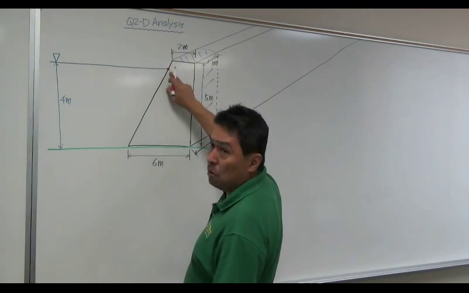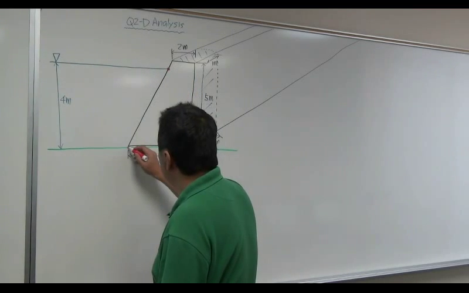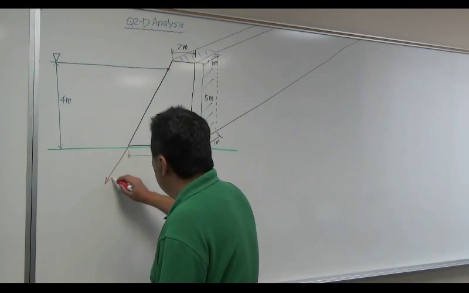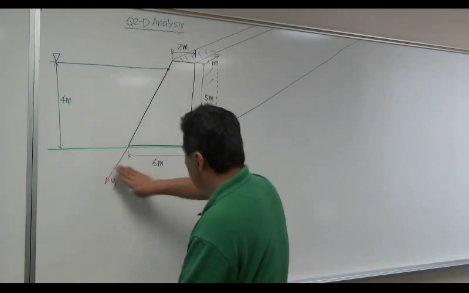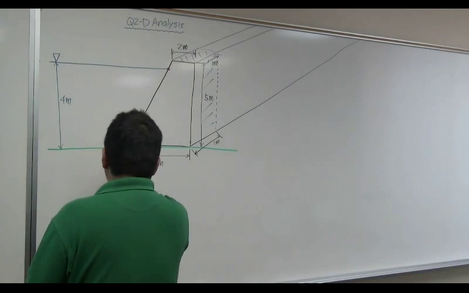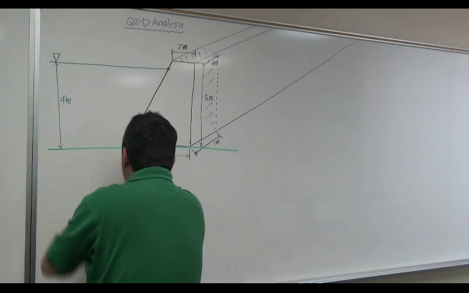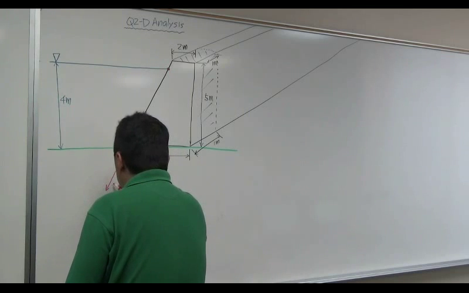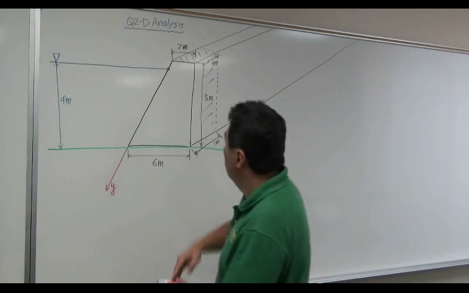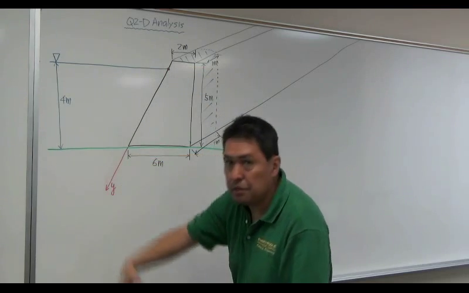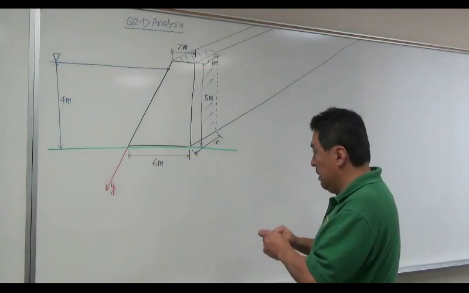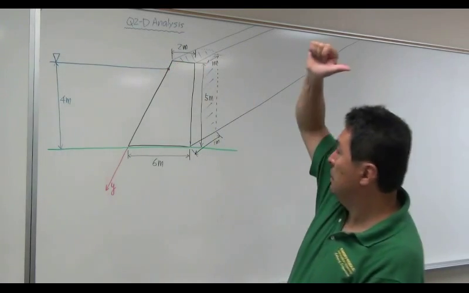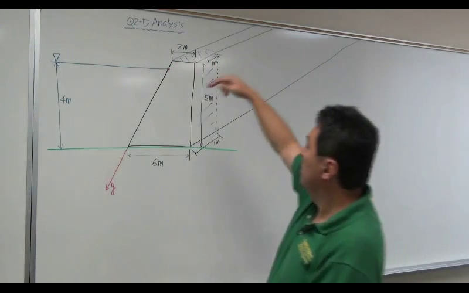So this is the coordinate origin, and then you're going to define the direction of y, which is in the direction of the plane surface. And then obviously this is the x direction. So this is x. This is y.